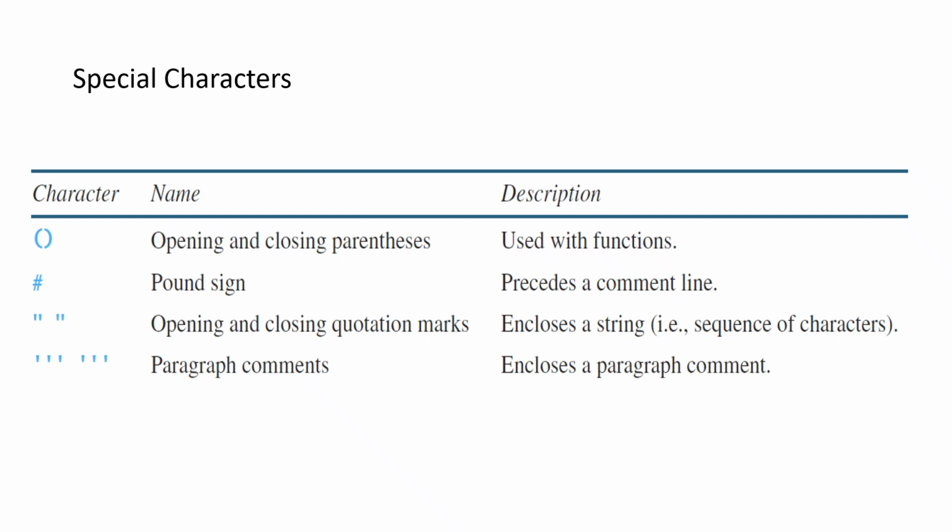This is generally used in functions. The pound symbol or hash symbol precedes a comment line, double quotes, opening and closing quotation marks, enclose a string or sequence of characters, and consecutive three single quotes, opening and closing, are used for giving comments for paragraphs.